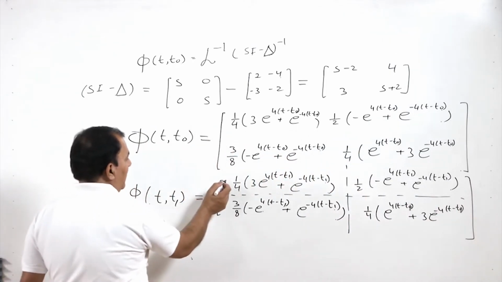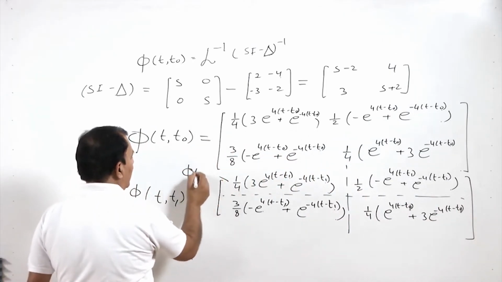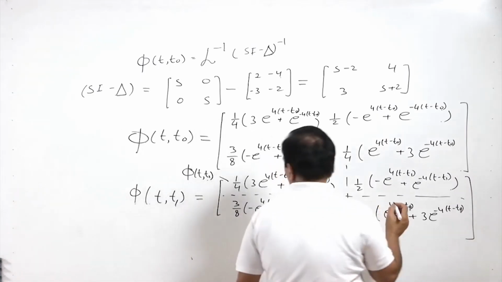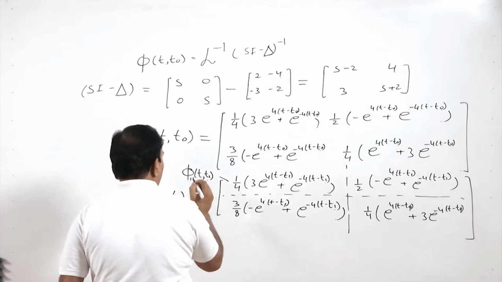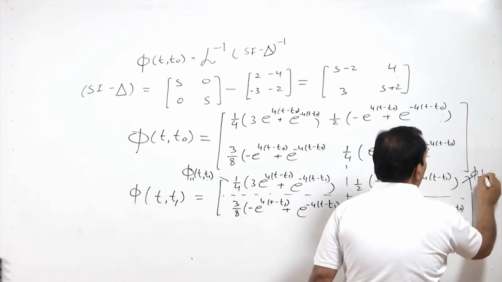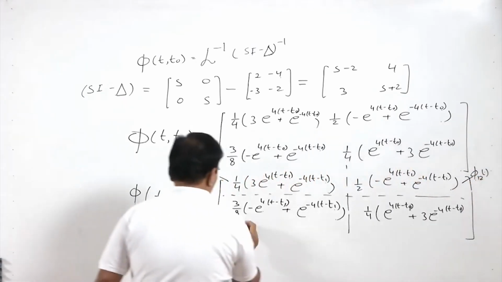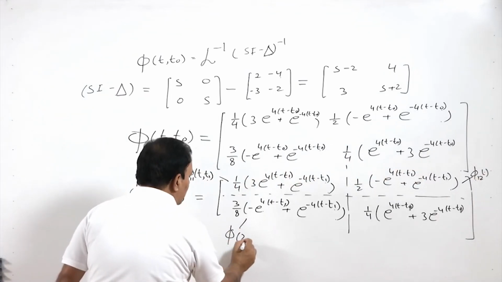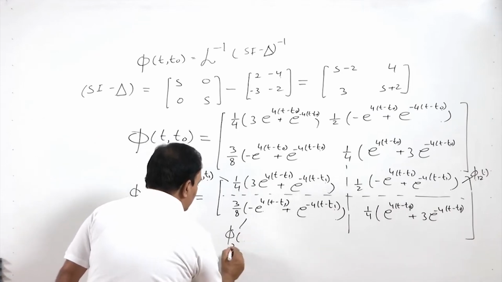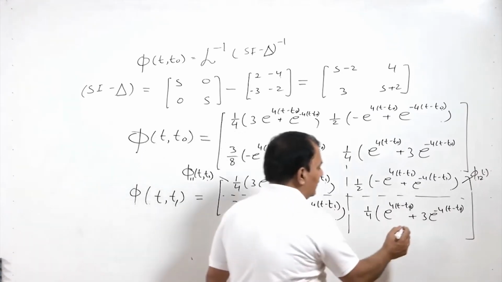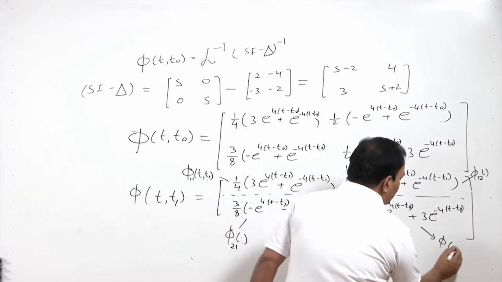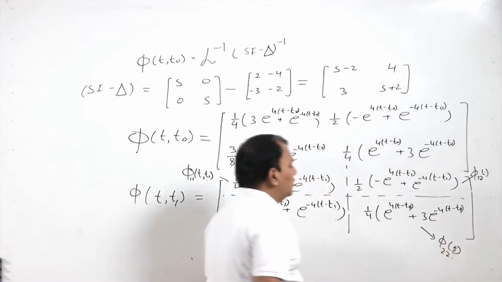So, this state transition matrix we have partitioned into 4 elements. The first one will be my phi 1 T1, this is phi 1, phi 2, and this will be my phi 2.